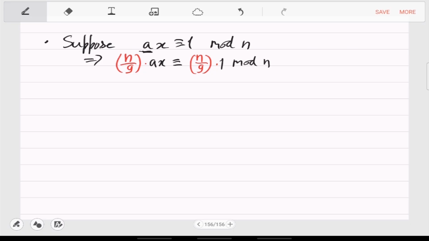So then what happens? This means that n times A by G is divisible by n, because G divides A, right? So you have 0 congruent to n by G mod n. Is this fine?